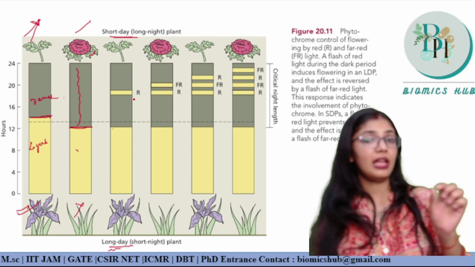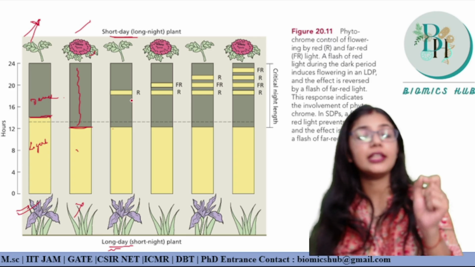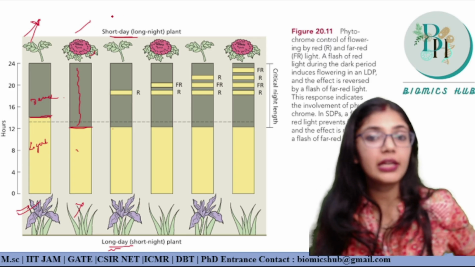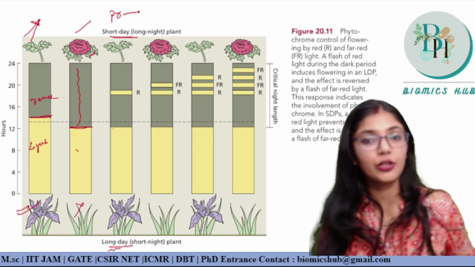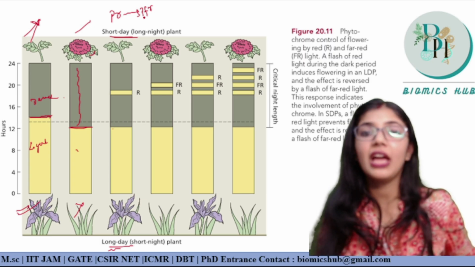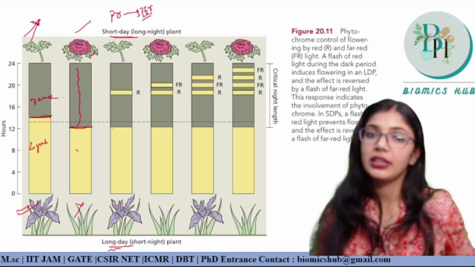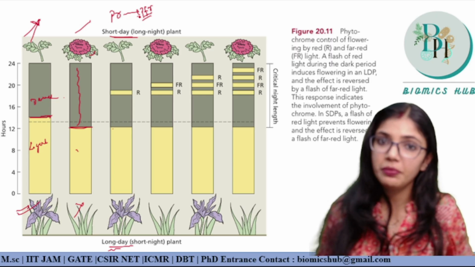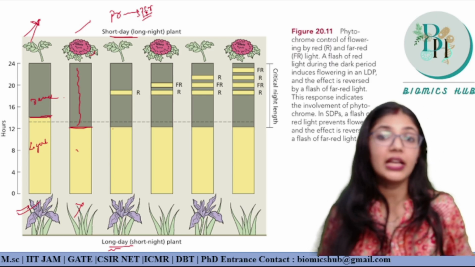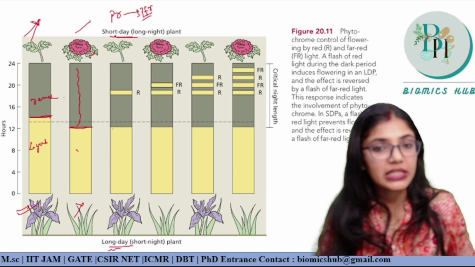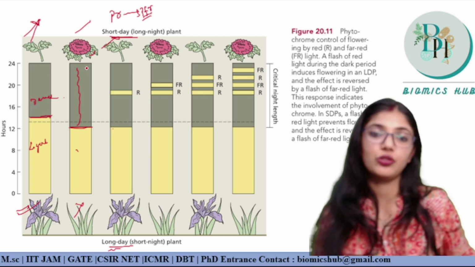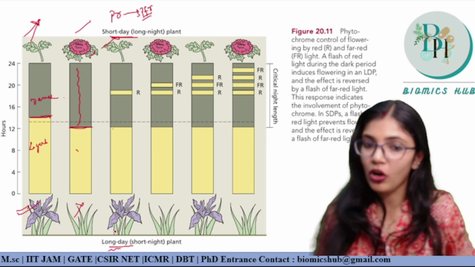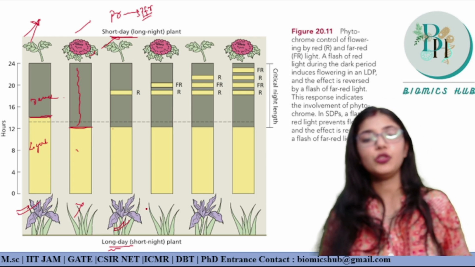If red light is given, it will convert PR into PFR form. If there is more PFR, the light condition is effectively more, so flowering will take place in the long day condition. Here in the short day condition there is no flowering, but in the long day condition flowering is shown.